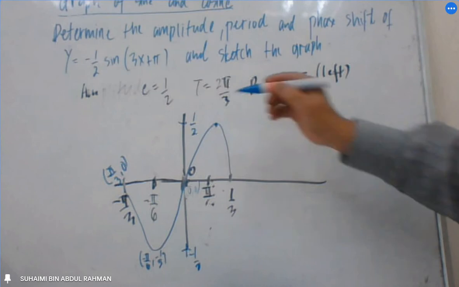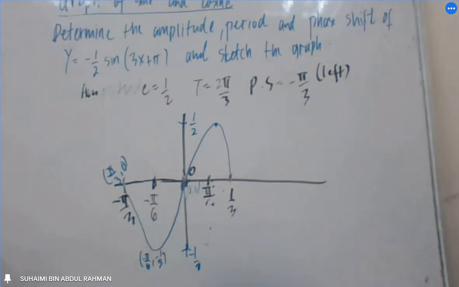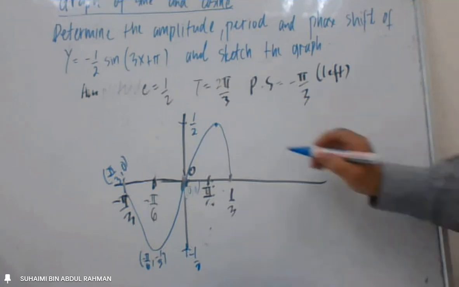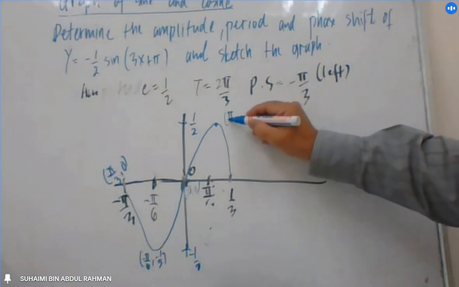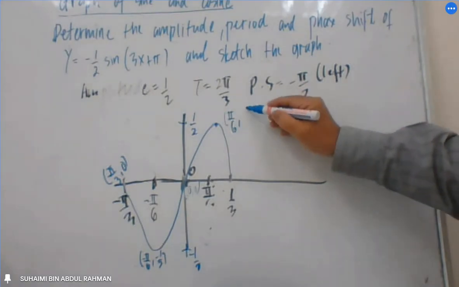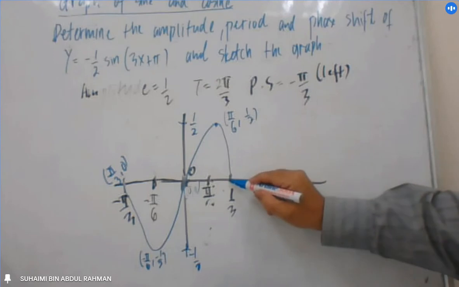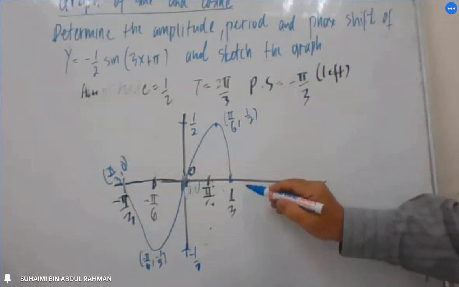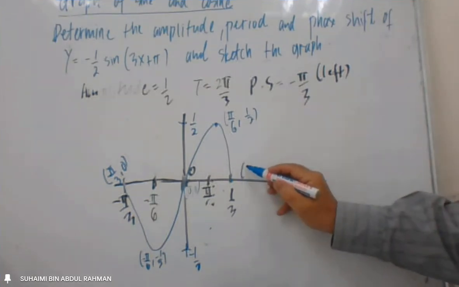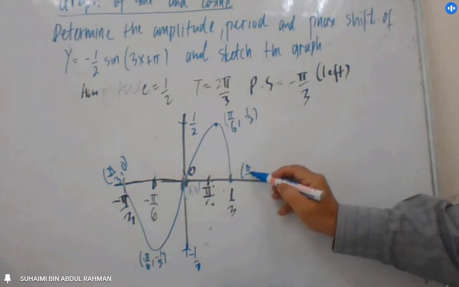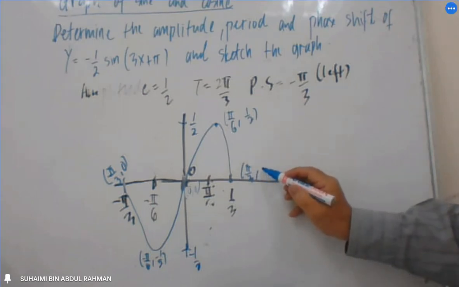Then pi over 6, 1 over 2. And here, pi over 3, 0.